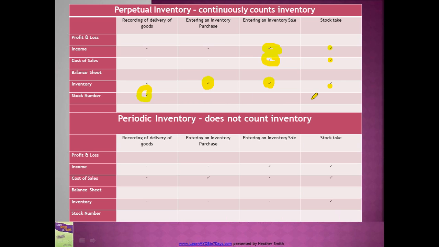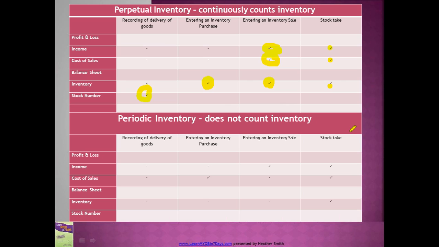Now, that is a very good method if you've got simple inventory and you can really manage it, and you'll always know where you stand with your inventory system. If you, however, use the periodic inventory system, this means you are not counting the inventory as you are buying it in or selling it out.